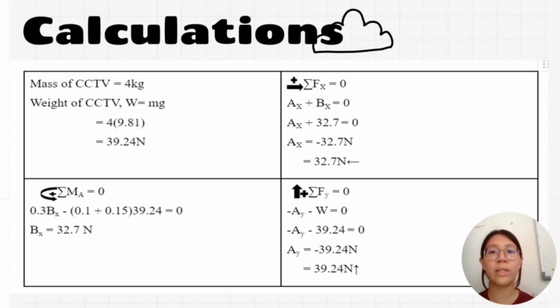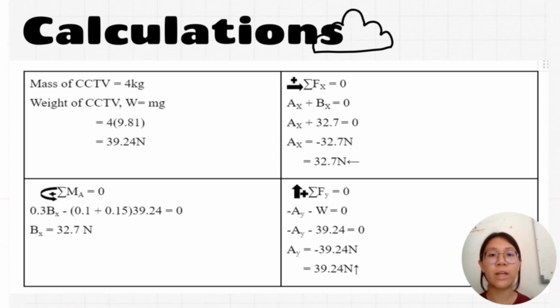Then we calculate AX by using the Fx equation. So the summation of Fx equals 0. AX plus BX equals 0, and we substitute BX, which is 32.7 Newton. So we get AX equal to negative 32.7 Newton, which equals 32.7 Newton forced to the left side.